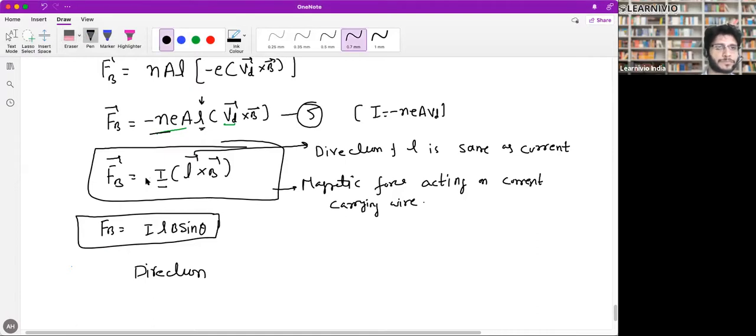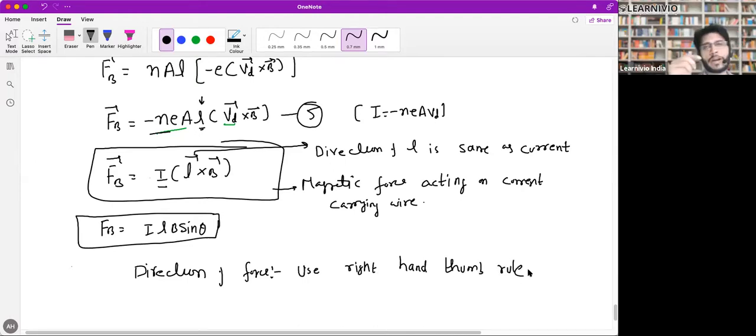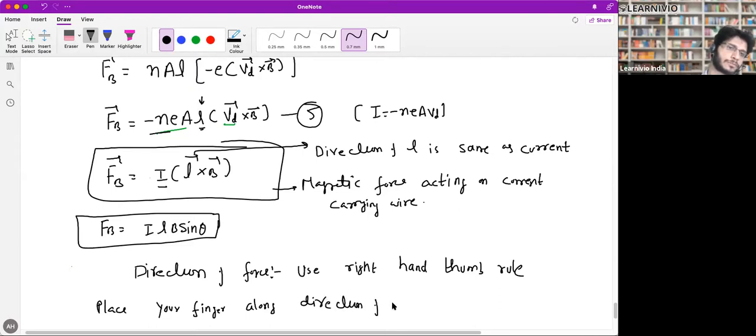Okay, the next thing. Now I need the direction of force. For the direction of force, again, we use the right hand thumb rule. Take your right hand, place your fingers along the direction of current, and curl them towards the magnetic field.